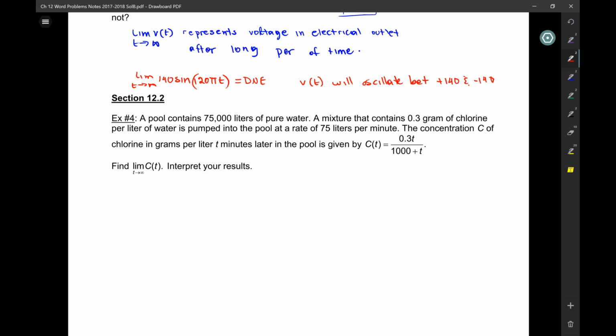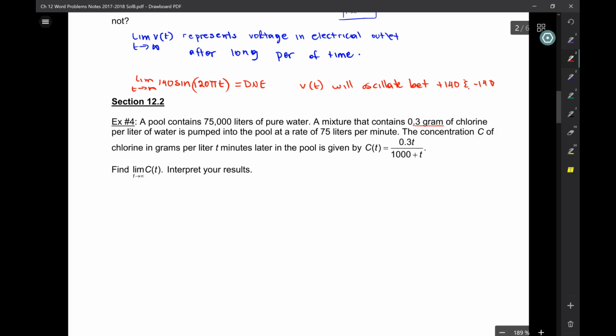Brand new. A mixture that contains 0.3 grams of chlorine per liter of water is pumped into the pool at a rate of 75 liters per minute, right? So you're not dumping a bucket of it.